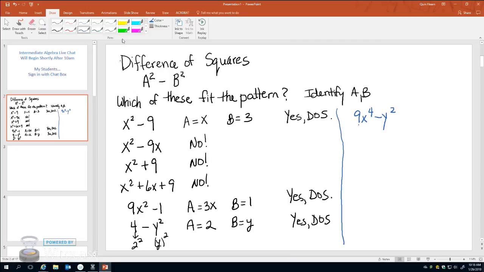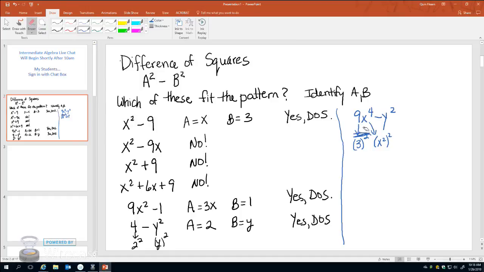Is 9 a perfect square? Yes, 9 can be thought of as 3 squared. Is x to the 4th a perfect square? You might think no, but actually, if you square x squared, you get x to the 4th. So x to the 4th is actually a perfect square.